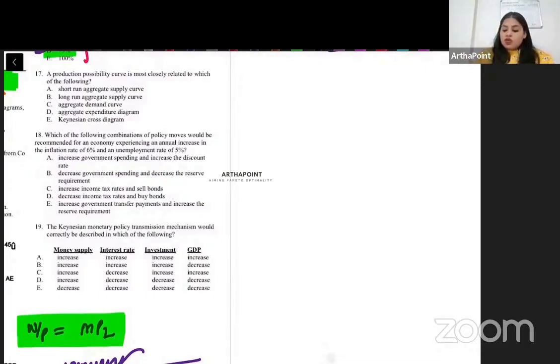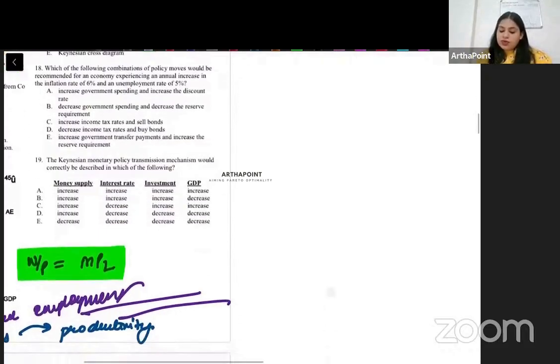It is very, very close to your long run aggregate supply curve. Because you're talking about how much you can produce, right? And the supply curve also tells you how much the economy is producing, right? So the production possibility curve is very closely related to the long run AS curve. Okay, come to the next one.